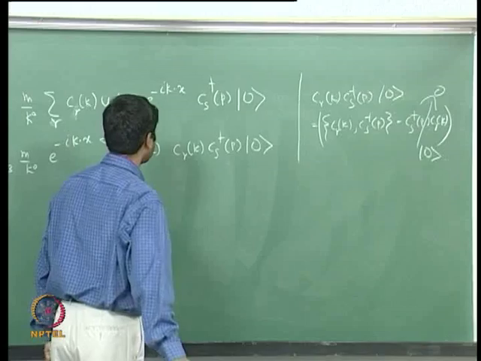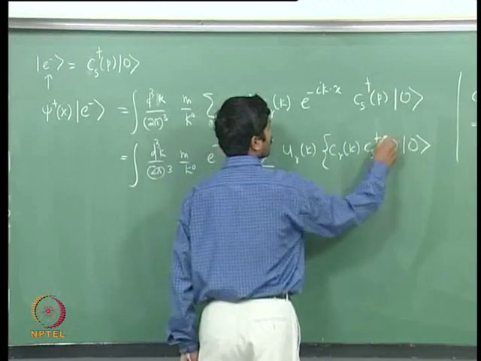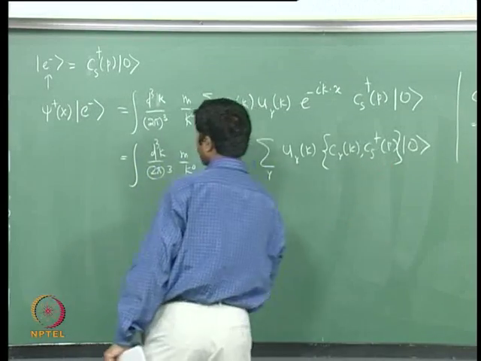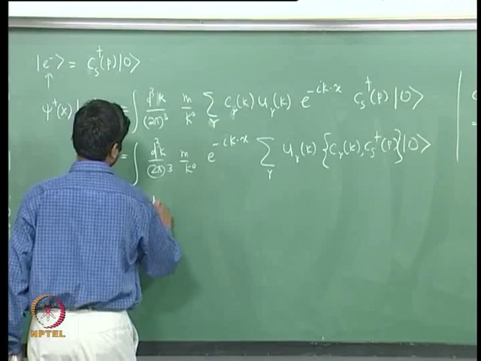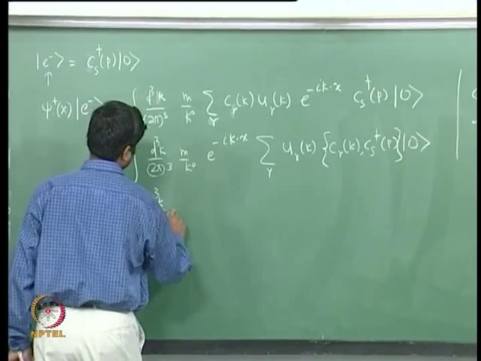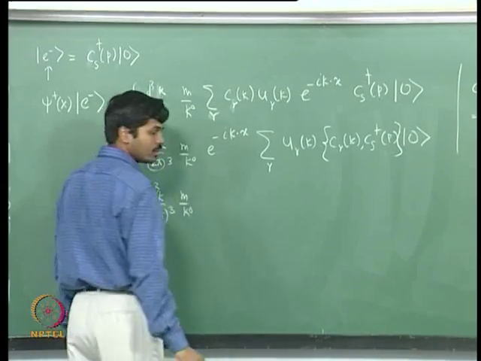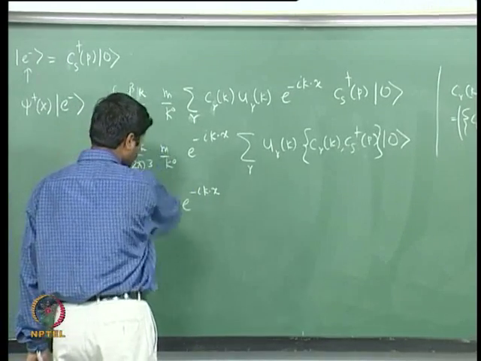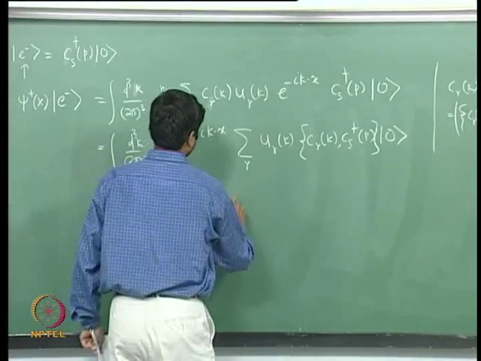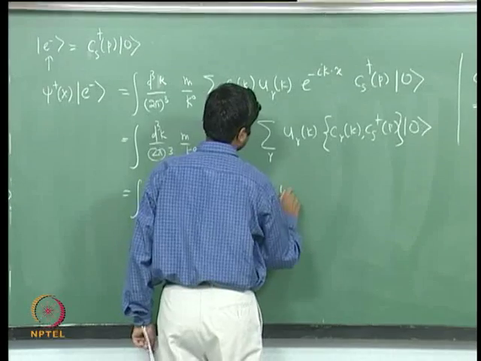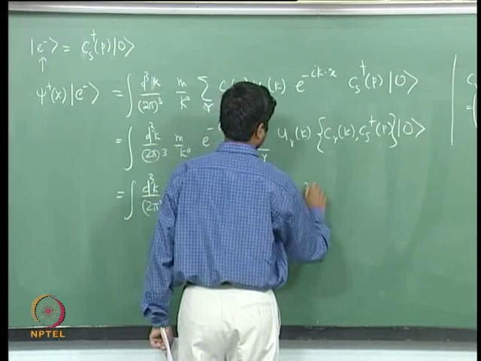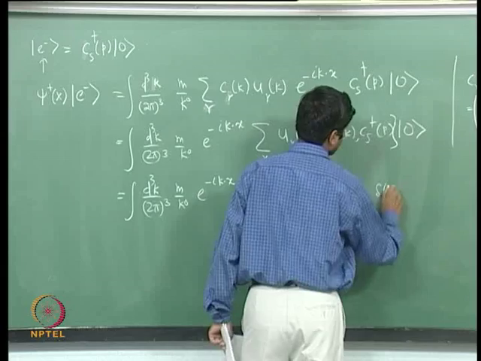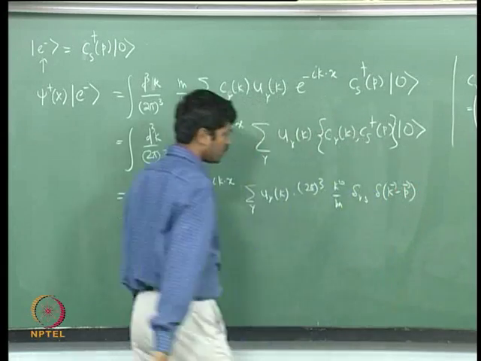So, we can just substitute the known value for the anticommutator acting on the ground state, which gives d3k over 2 pi cube, m over k0, e to the power minus i k dot x, sum over r, u r k, then 2 pi cube k0 over m delta rs delta k minus p. All right.